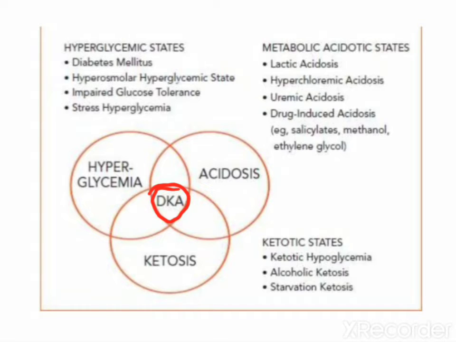Conditions where a metabolic acidotic state can arise are lactic acidosis, hyperchloremic acidosis, uremic acidosis, and drug-induced acidosis, whereas the ketotic state can arise in case of ketotic hypoglycemia, alcoholic ketosis, and starvation ketosis.